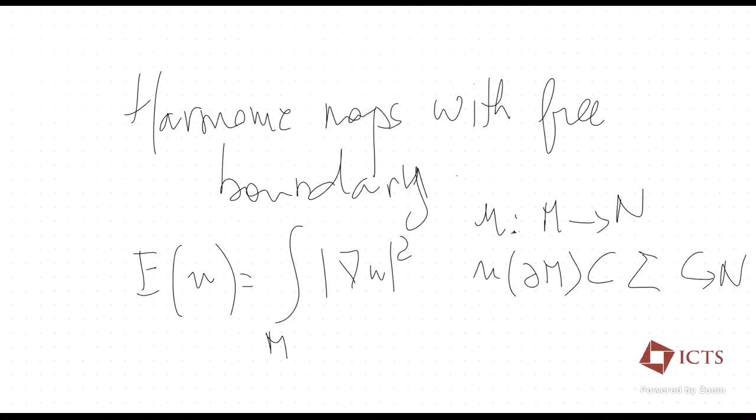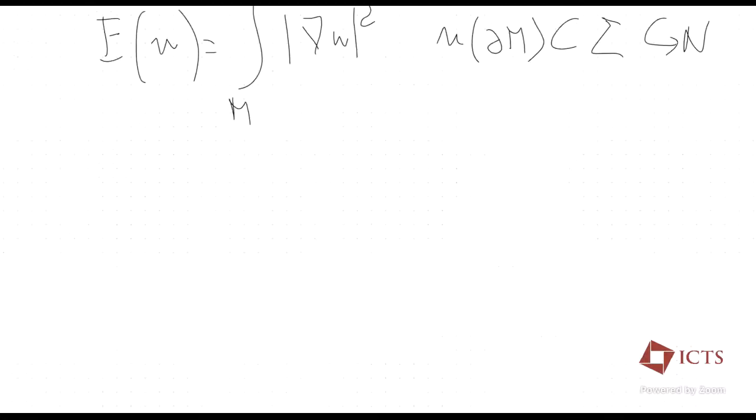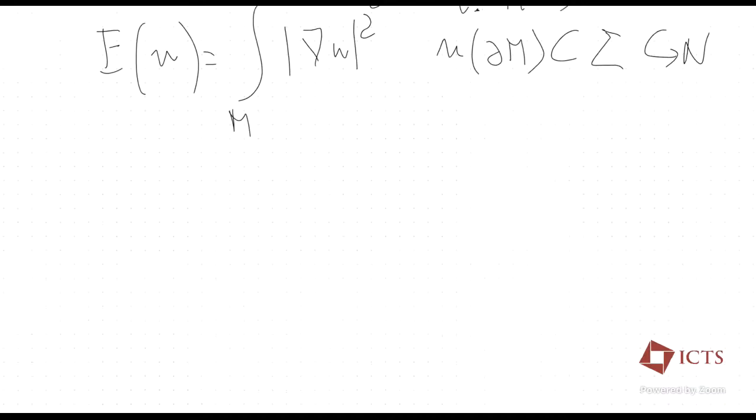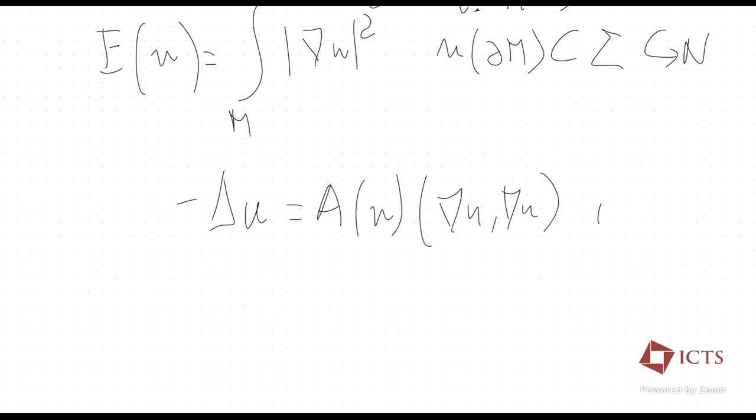What I tried to convince you last time is that when you write the Euler-Lagrange equation of that, you get your favorite harmonic map system on M, but with a nonlinear Neumann condition.